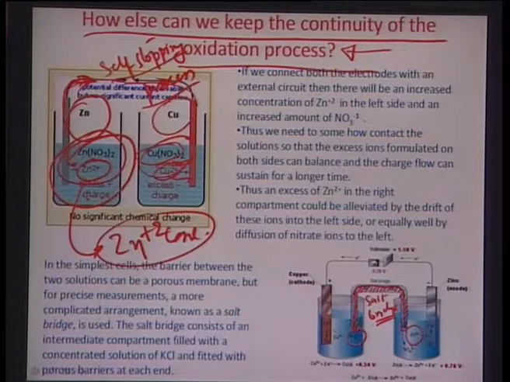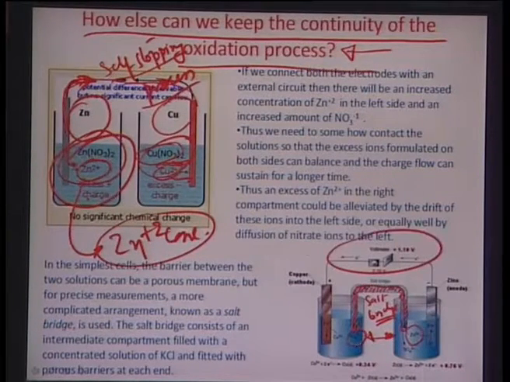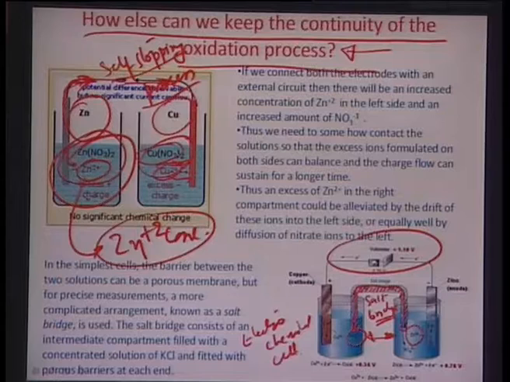And so, this creates the charge balance between the two cells or two half cells, and this process goes on for some time. So, this is also known as an electrochemical cell, and in fact this is also called a Daniell cell.